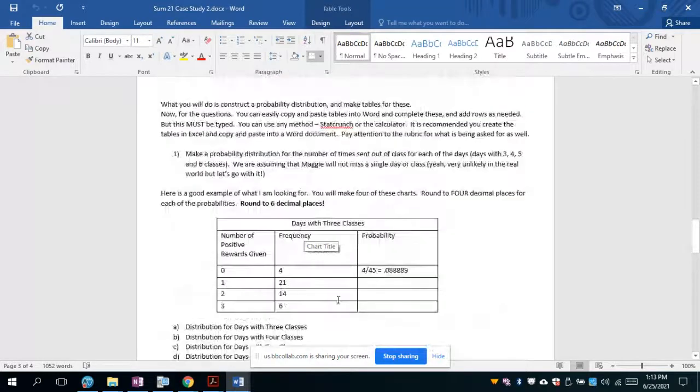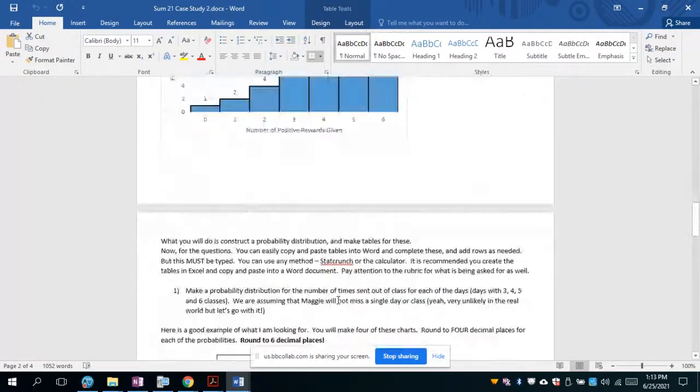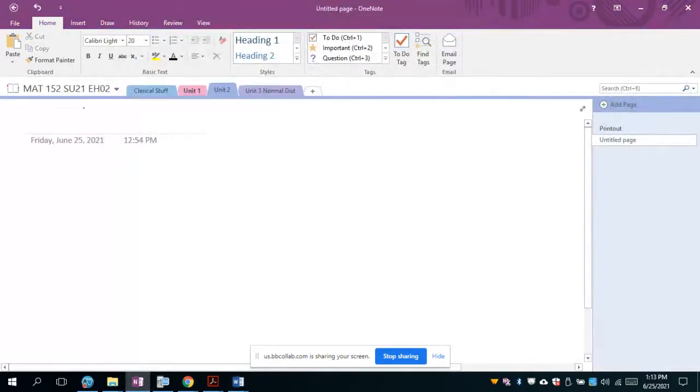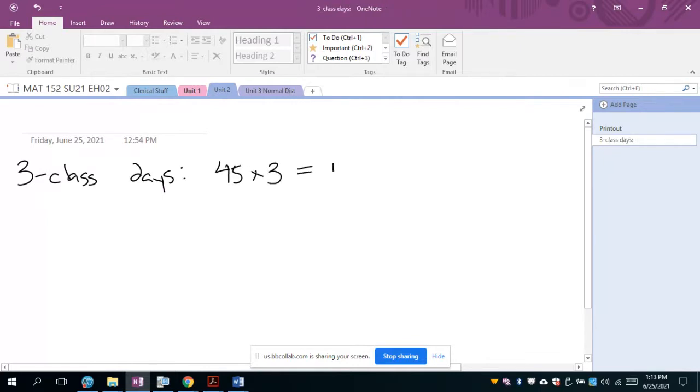Basically what then happens is you add the total number of rewards, and that's just for the 3 class days. By the way, for 3 class days, there were 45 times 3 classes, which is 135 classes altogether.